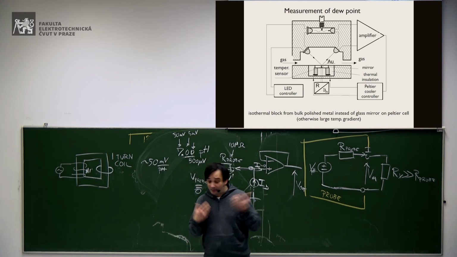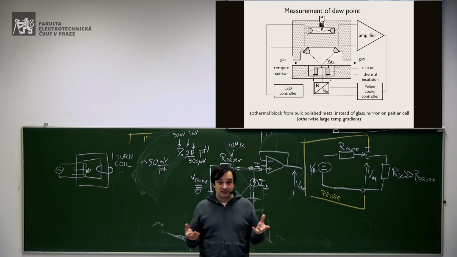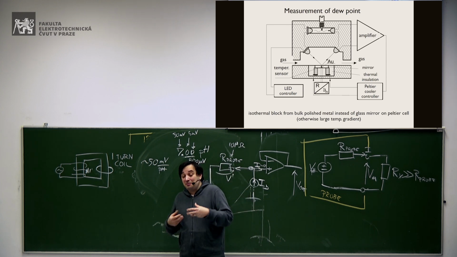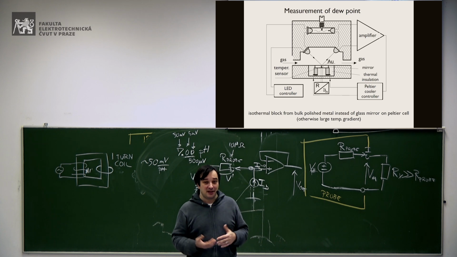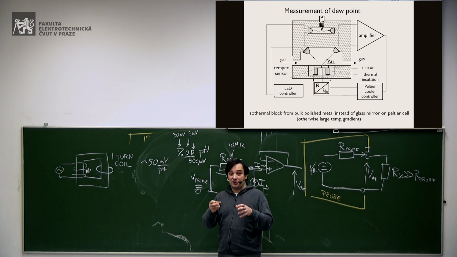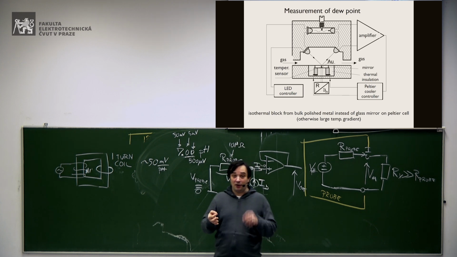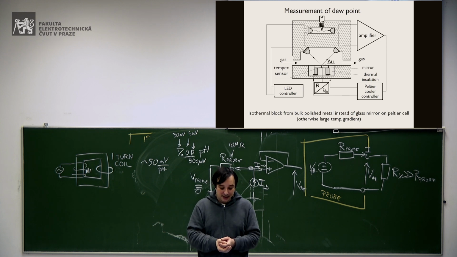From the practical point of view, it's much better to use a block of copper, for instance, and polish it very, very well, very smooth, so that it becomes reflective. Then you measure the temperature on this block of copper, which is big enough to be isothermal, and the temperature of the mirror is the temperature of the block of copper itself, okay?